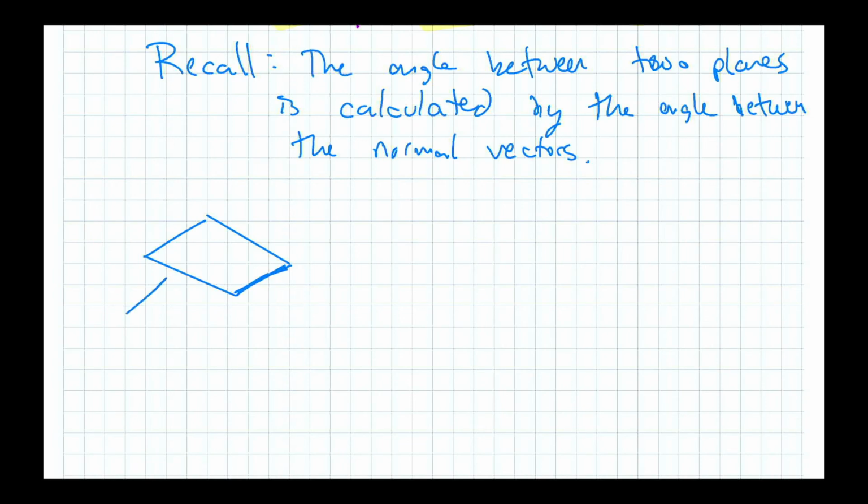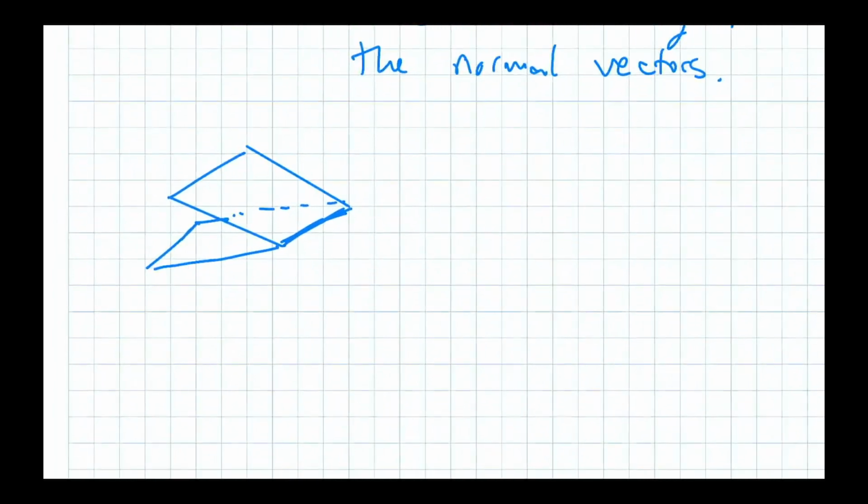All right. So let's say that you have these two planes here. If you want to calculate the angle here, theta, that angle between those two planes is the same as if you had the normal to the bottom plane in one, and the normal to the plane on top in two.